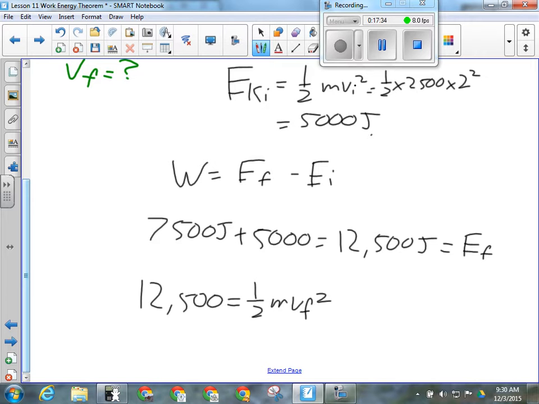I had some energy, I did some work, now I have more kinetic energy. So now, if I solve for V, is it going to be a bigger number? What do you think? I have more energy. Should V be bigger? So that's what I'm going to do.